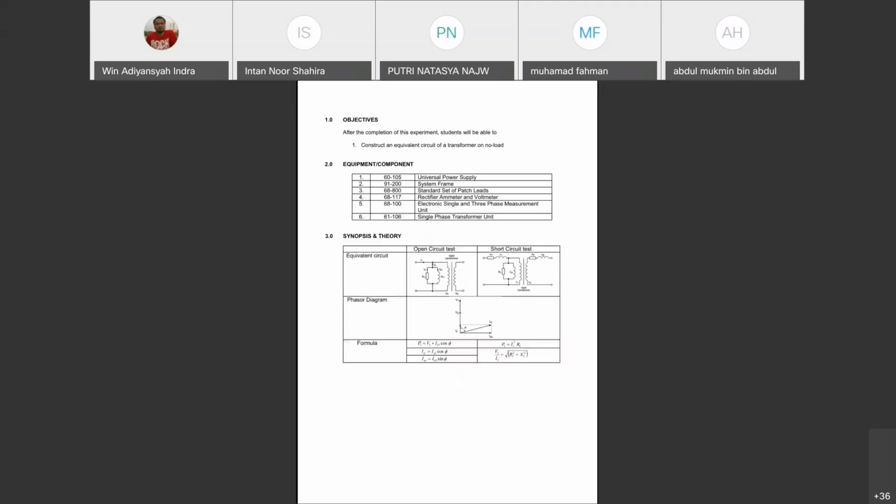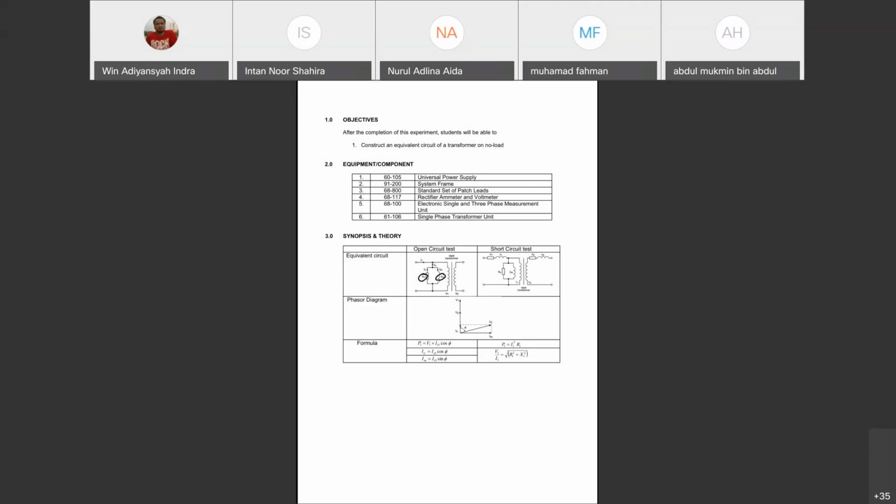This is the core loss RC. The next one, the magnetizing reactance XM, is asking for this one.